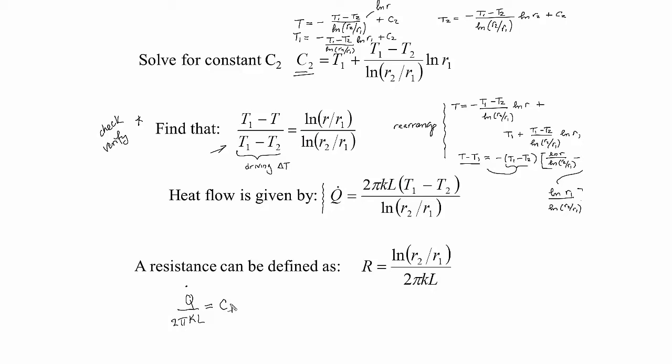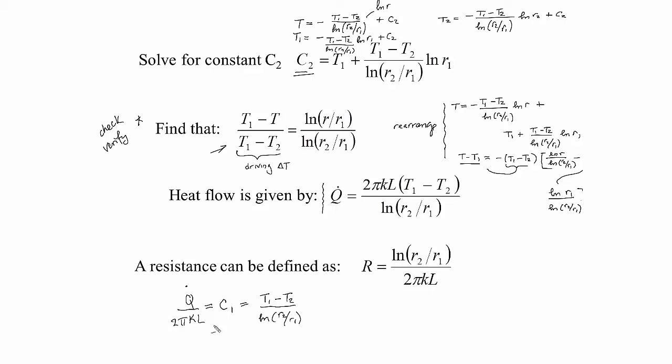Well, we know what C1 is. We've solved for C1 in the last version of this, and that C1 variable is, in fact, what we've defined here as T1 minus T2 over ln R2 over R1. By virtue of that, it gives us this recipe to say what Q is in terms of these different variables.